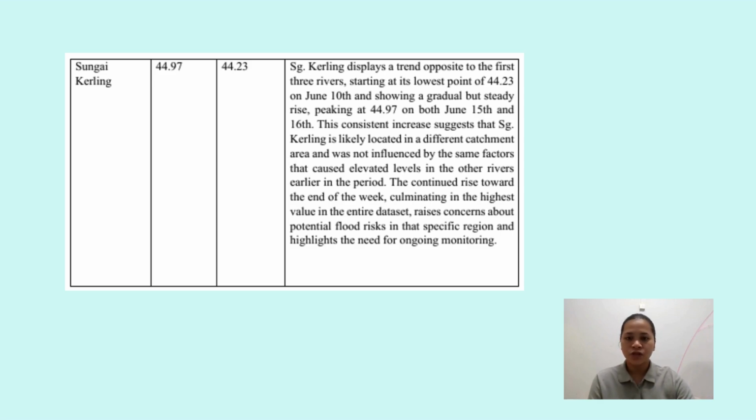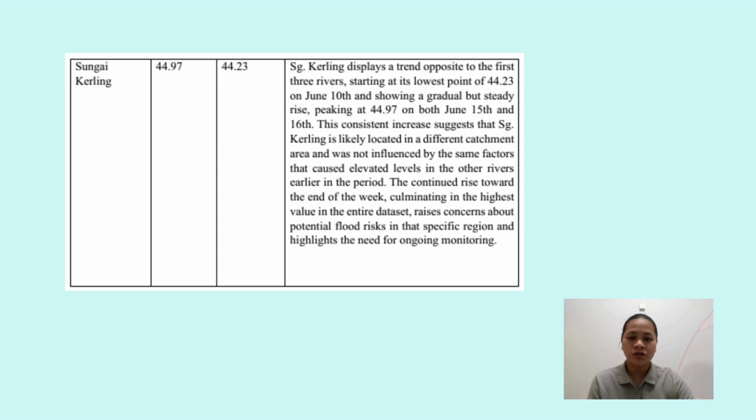Lastly, the water level at Sungai Kerling, whose maximum value is 44.97 and minimum value is 44.23. Sungai Kerling displays a trend opposite to the first three rivers, starting at the lowest point on 10 June and showing a gradual but steady rise, peaking at both 15 and 16 June.